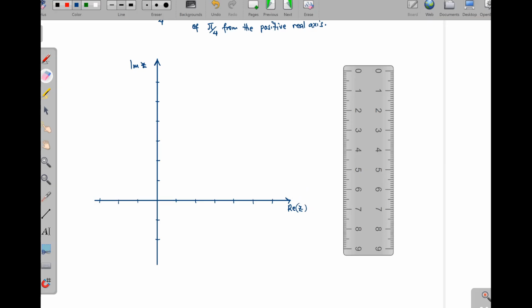So like that. Then label them. This is 1, this is 2, 3, 4, 5, 6. This is -1, -2, 0. It's -3. This is 1, 2, 3, 4, 5, and then 6.